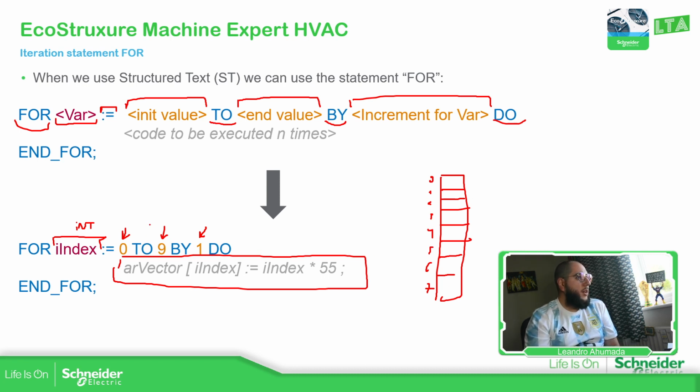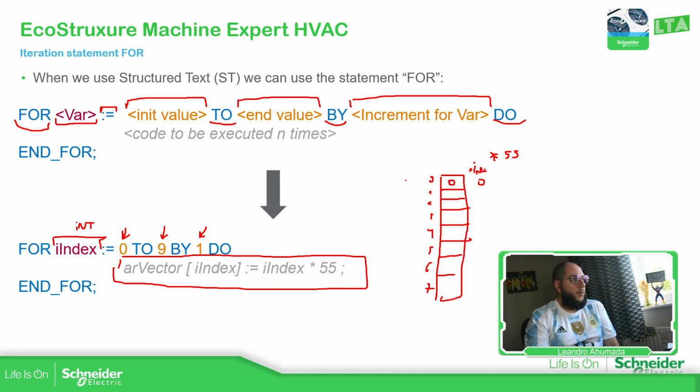In the first part of this, it's going to be multiplied by 55. To give you the idea, the index value is going to be 0. So 0 multiplied by 55 is going to give me 0.